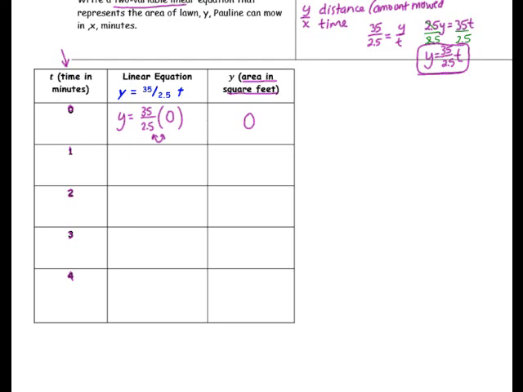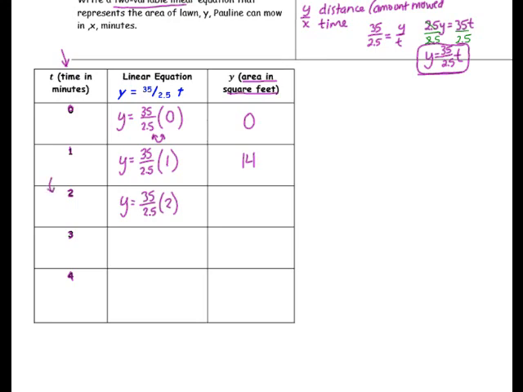Next, we'll figure it out for 1 minute. Y is equal to Pauline's rate times 1 minute. And that answer is 14 square feet. Then we have Y equals 35 over 2.5 times 2. Now, can you figure that out mentally?